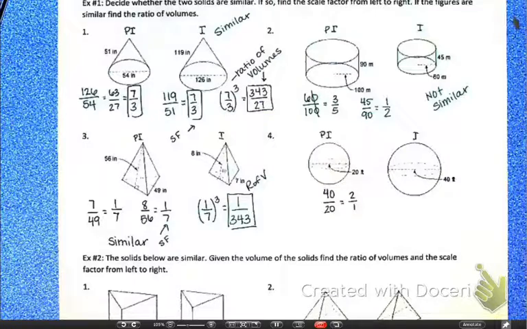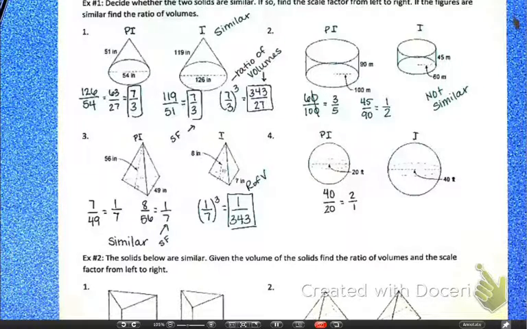Who can give me something? Do they think these spheres are similar or not, and why? Anyone? Haley. I don't think there's one because you don't have enough information to find out. You have a very small portion of information. Okay, so they're maybe not similar because there's not enough information.